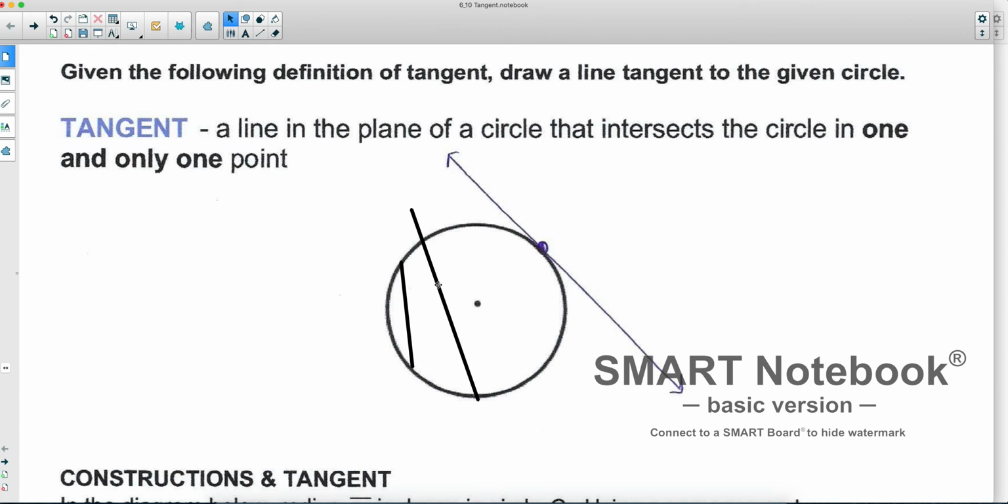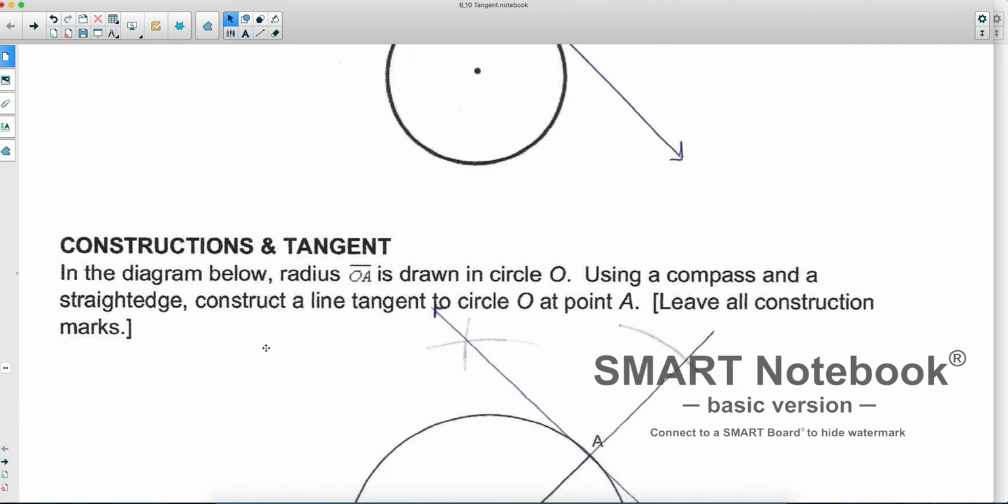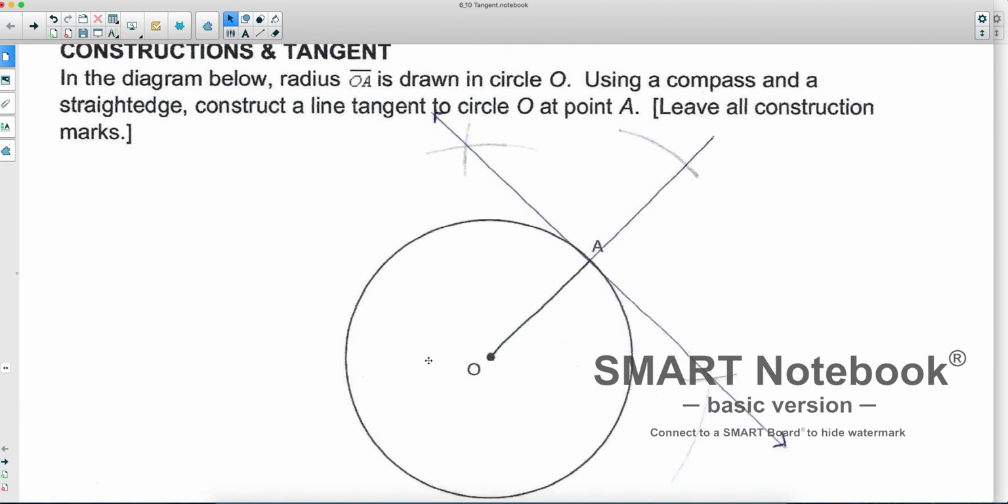For today's lesson, we're only going to focus on tangents. This was a question on a Regents exam, which asked to construct a line tangent to the circle at point A. We'll walk through it quickly. I know some of you probably don't have your compass, though you should have a straight edge.